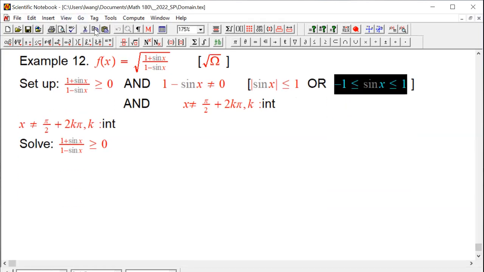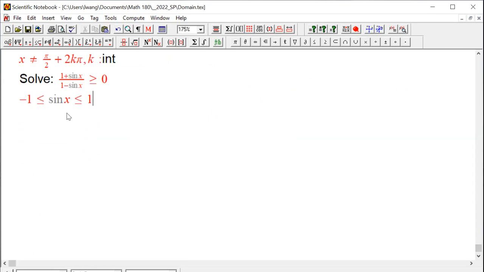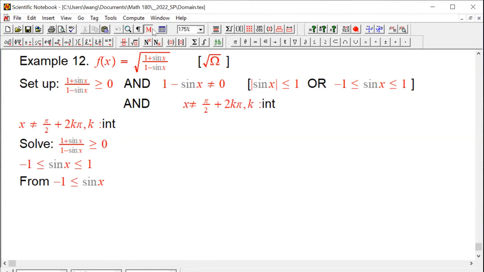This fact is crucial. From this crucial fact, we can derive a lot of things. Half of it, from this piece, we know that this is true for any real number x.